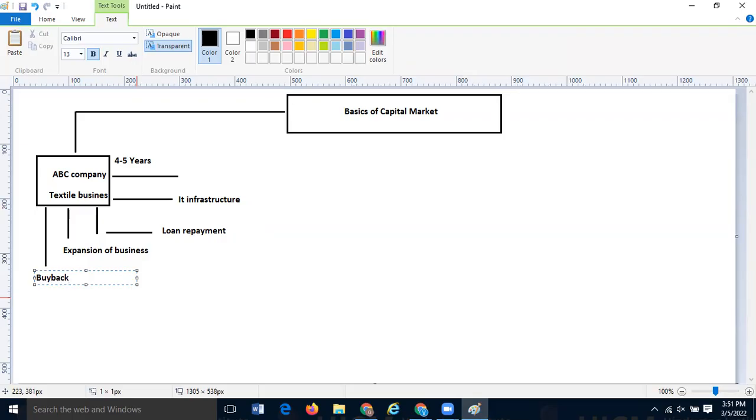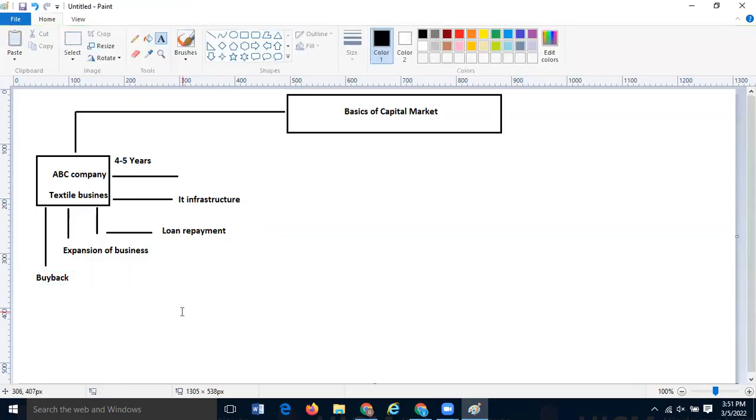He has some valid reason. Now when there is a reason, there are different options in front of him for how he should raise the money. So now we will see the options available to him to raise the money. There are various options in front of the ABC company, and we'll try to see what is available.